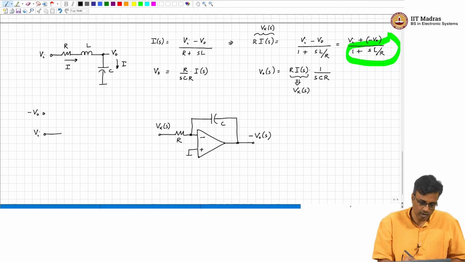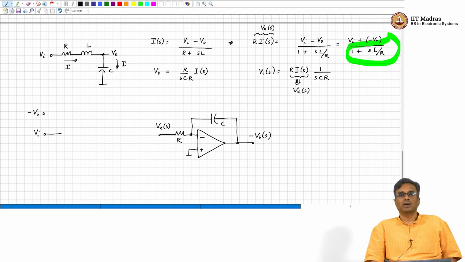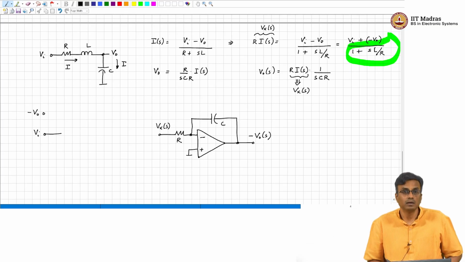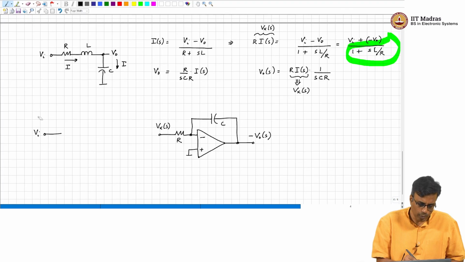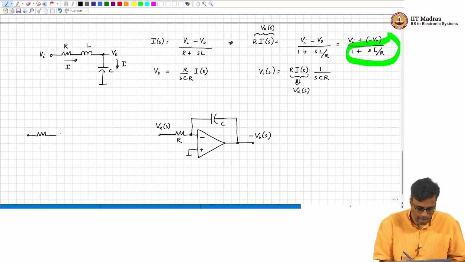So, how do we add Vi with V naught and then low pass filter the combination? We already know how to make a low pass filter, right. So, this is the low pass filter.